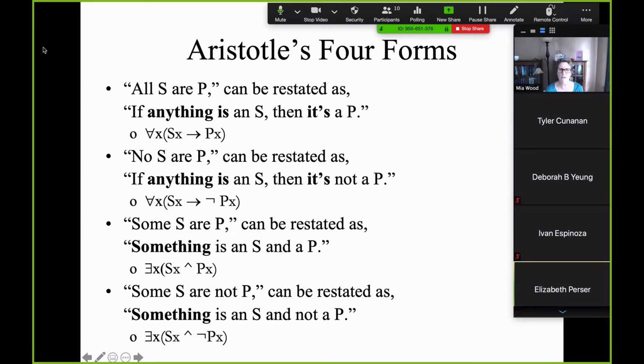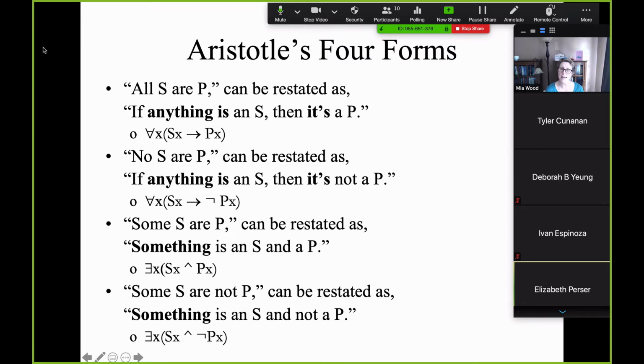But here I've taken away those parens just because it's a little bit cleaner visually, right? So subject class, arrow, predicate class.